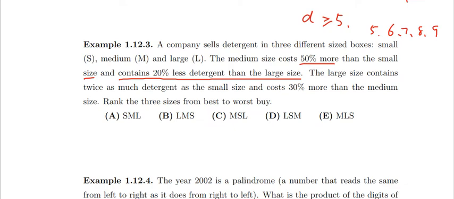The large size contains twice as much as the small size, and costs 20% more than the medium. Rank the 3 sizes from best to worst to buy.